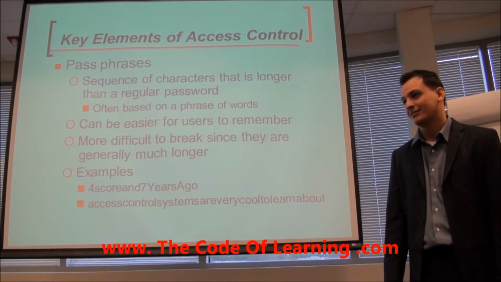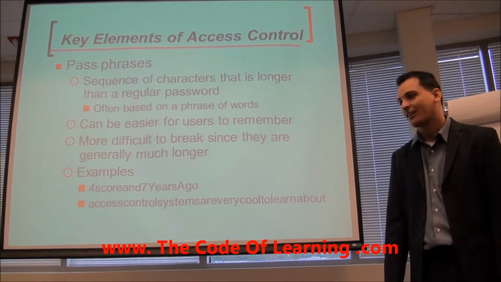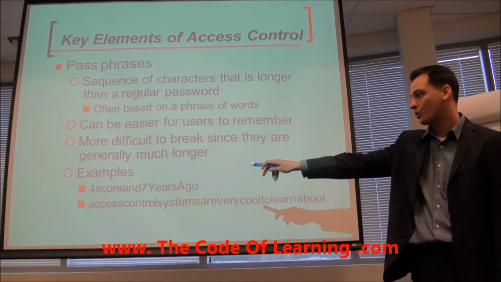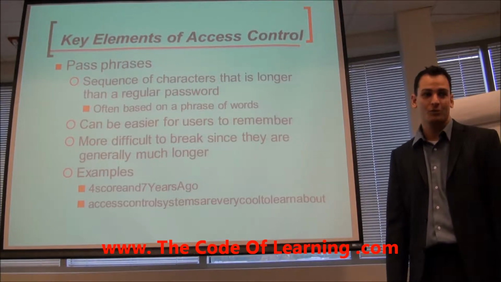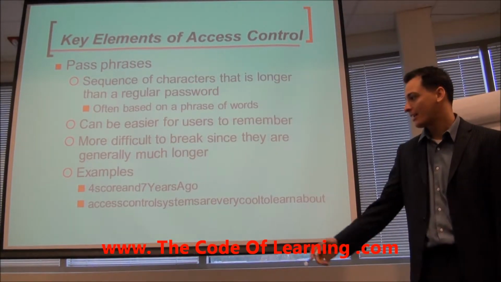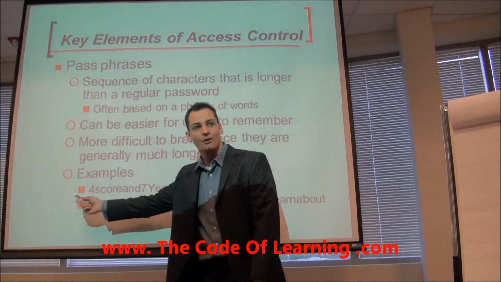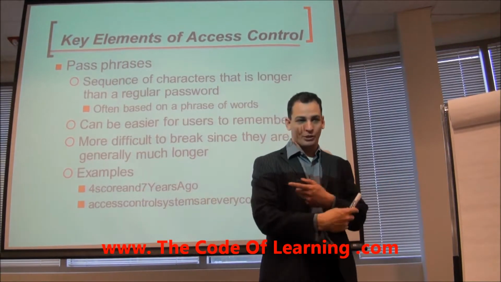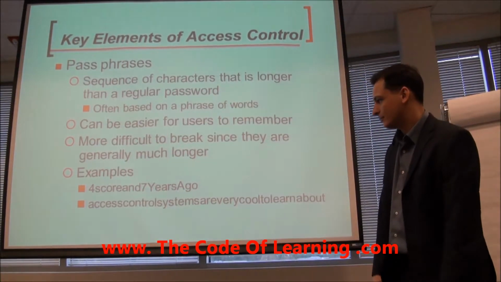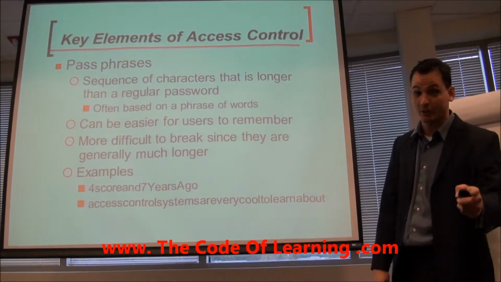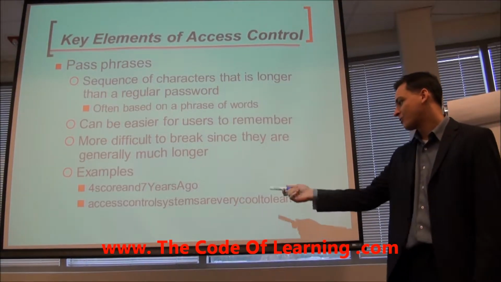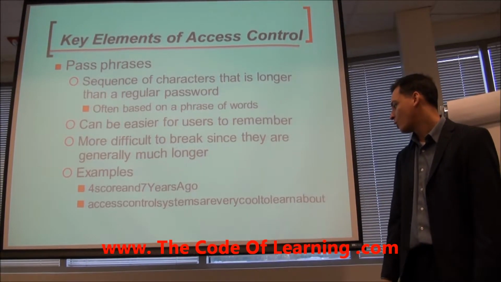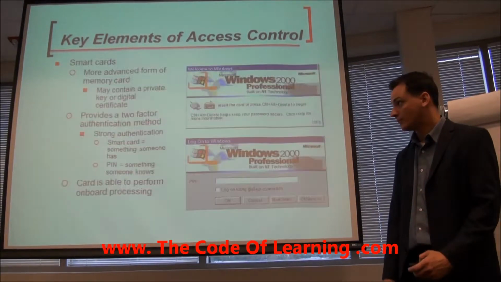The implementation. It's the implementation. I can tell you that my password is 7 years ago, but there's 1,000 different ways to implement that. I could do it all backwards for all you know, and unless you figure out, we'll just type the whole thing in reverse, you know. Not that that's what I do, but maybe I do. Alright, our access control systems are very cool to learn about.